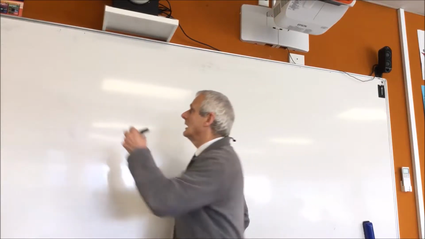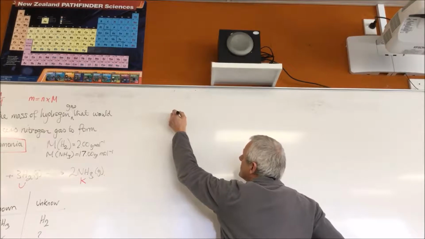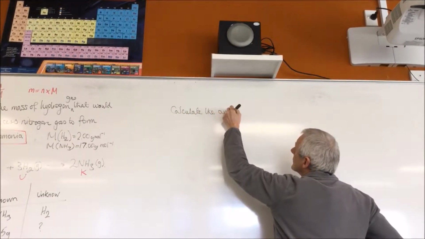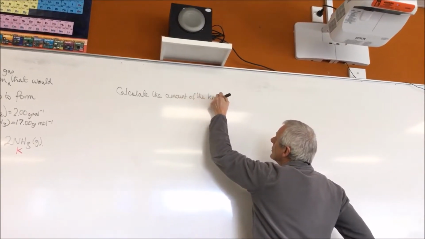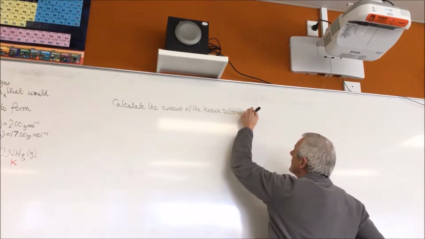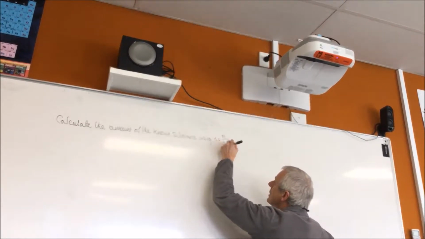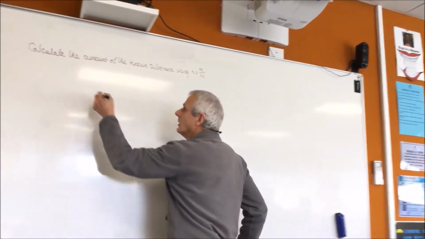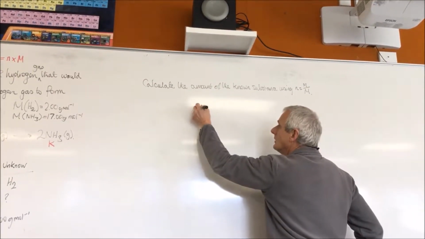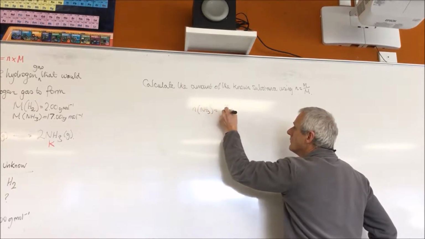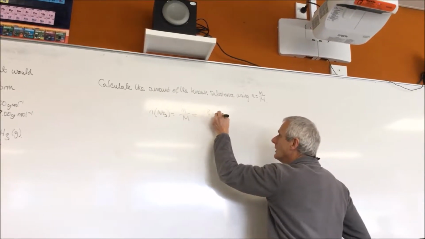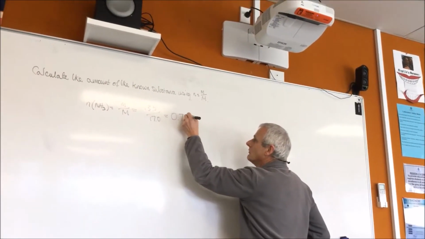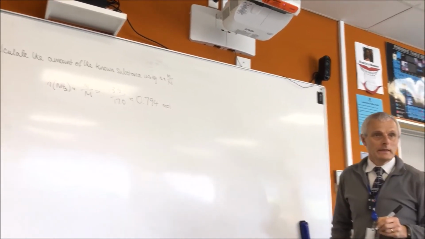So the first thing is to calculate the known amount, and we use n equals little m over big M. So for our known substance from our table, n of NH3 is equal to little m over big M, which is 13.5 over 17, and that's equal to 0.794 mole.